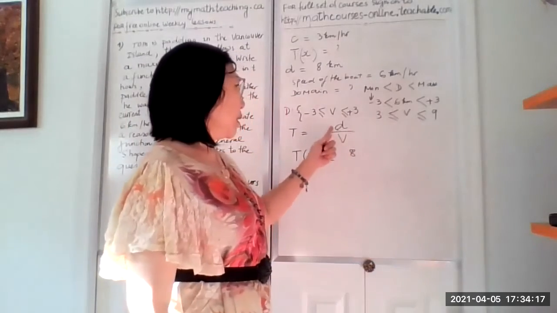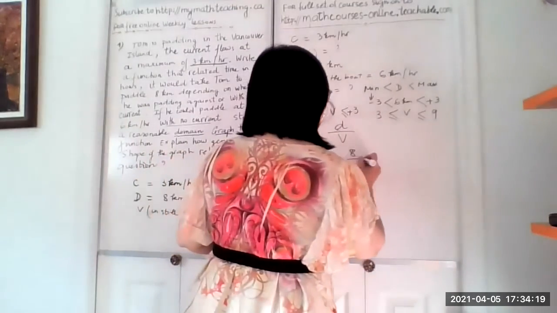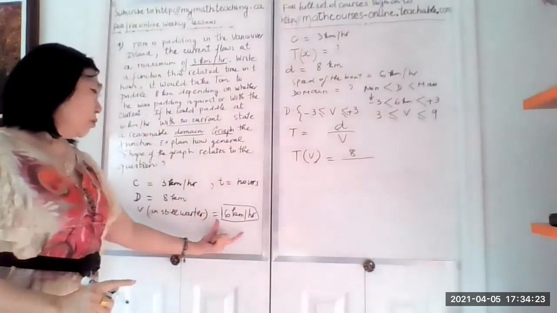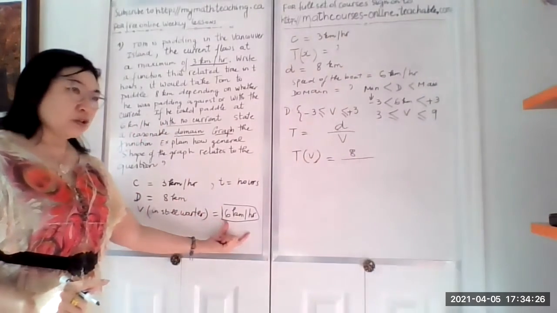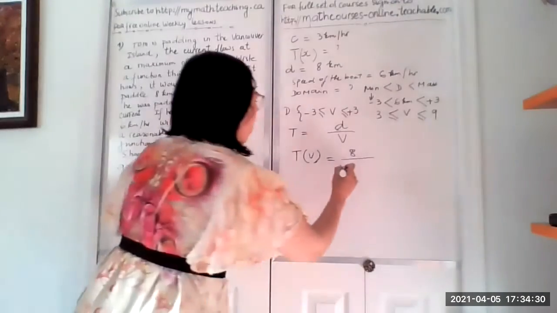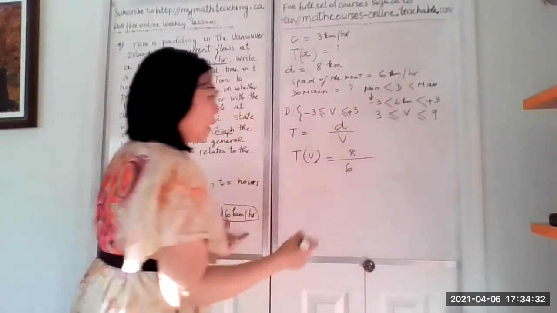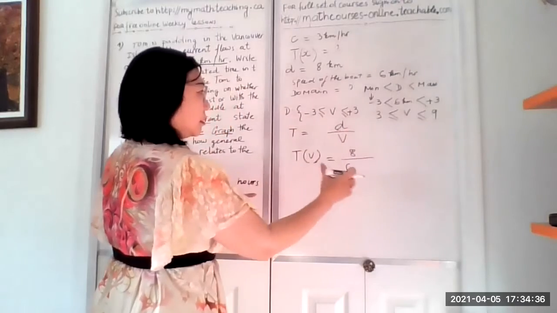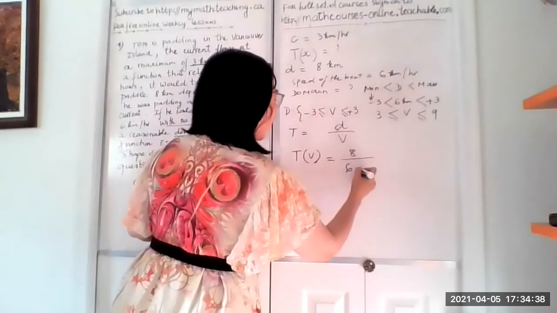We substitute d by 8, divided by the speed of his boat in still water, which is also a fixed number. It's not changing at all, so divide by 6. However, the v here is changing between this domain.